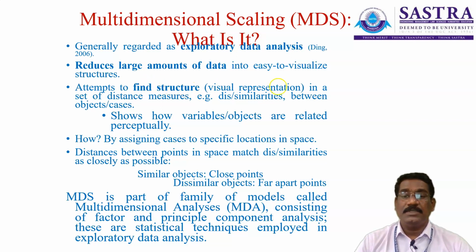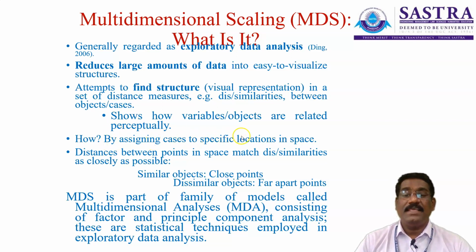In a set of distance measures, the distances may be because of dissimilarities observed between preferences or perceptions, and at the same time similarities observed between the perceptions of consumers, between objects, cases, products or services. It also shows how variables or objects are related perceptually.